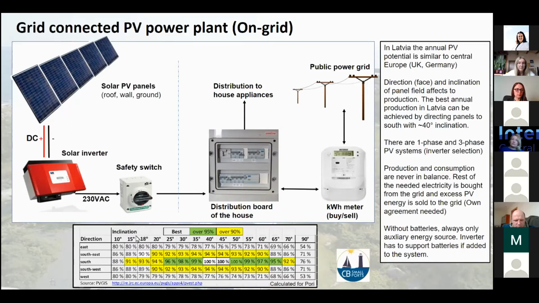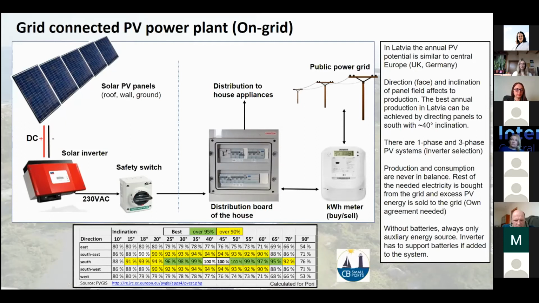And here at the bottom, there's a table from the Pori location. It tells how much it affects where the panels are directed, whether they face south, which is the best, or somewhere else between west and east. And then there's the inclination of the panels and how it affects.